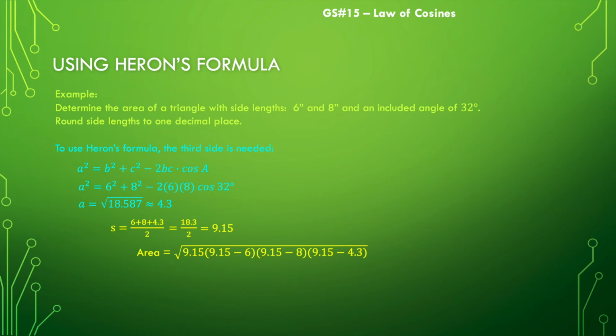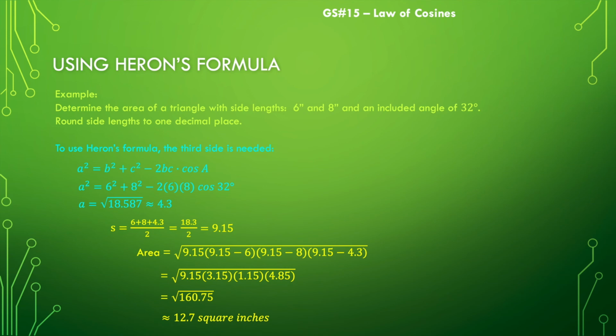The area is equal to the square root of 9.15 times (9.15 minus 6) times (9.15 minus 8) times (9.15 minus 4.3). That ends up as the square root of 9.15 times 3.15 times 1.15 times 4.85. When we multiply those four factors together, we get the square root of 160.75, which is approximately 12.7 square inches.